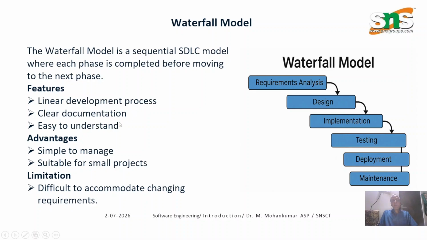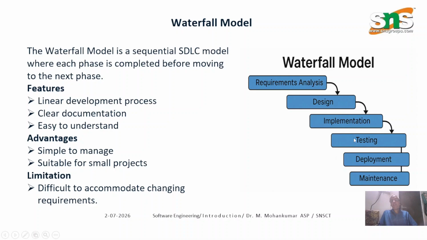We have to maintain clear documentation, and it is easy to understand for those who are studying the document. So the main advantage here is that it is simple to manage and suitable for small projects. But what is the limitation here? It is difficult to accommodate changing requirements. Suppose they suddenly change the requirement in the testing phase, it is very difficult to maintain, because again we have to go to the requirement analysis, see why they are changing and what the requirement is, and we have to change the design phase, because it is a linear sequential process of activities.